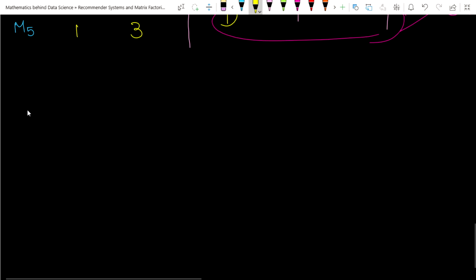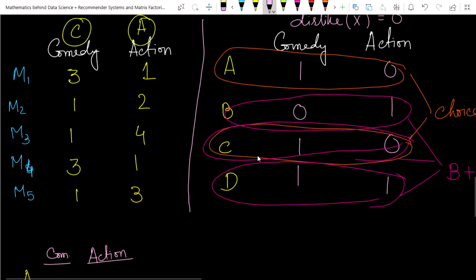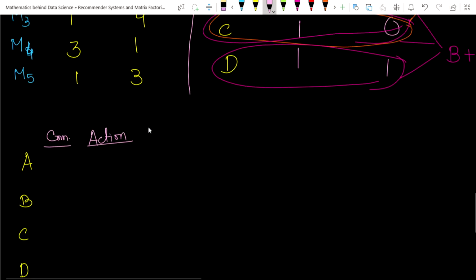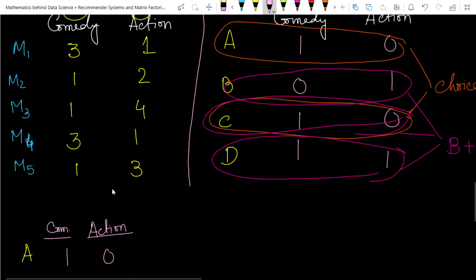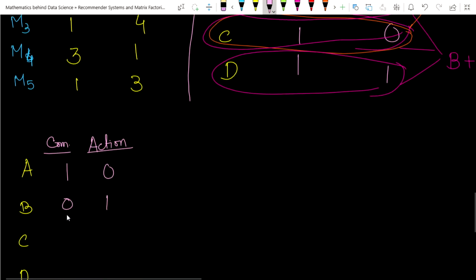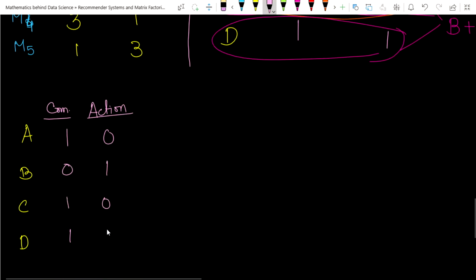So let's say we have user A, user B, user C, user D. These columns are for comedy, this one is for action, and we got these values. He likes or doesn't like: 1 0, 0 1, 1 0, 1 1. These are the choices of these users.